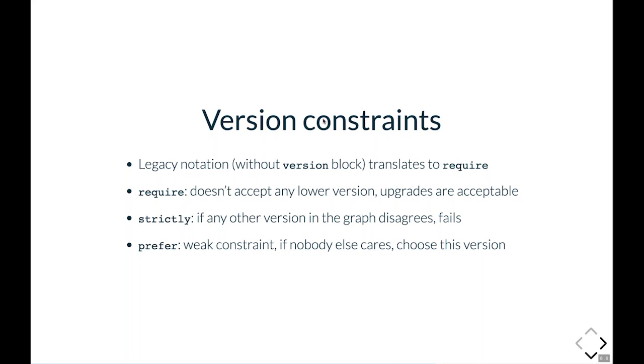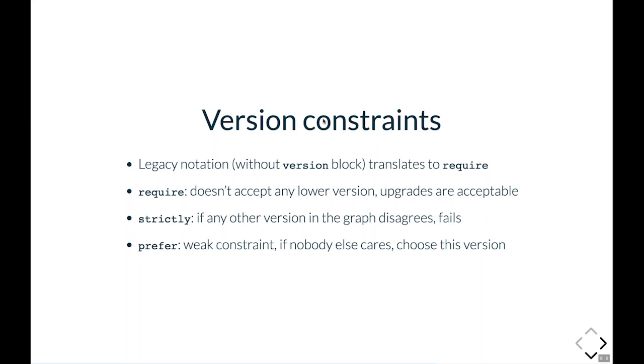So what we have is that we need to deal with the compatibility of all the metadata we have published with Maven, Ivy, etc. So if you don't use that version block, we have a special meaning for the version number that you have. And this is called the require block. Basically, this is really simple.